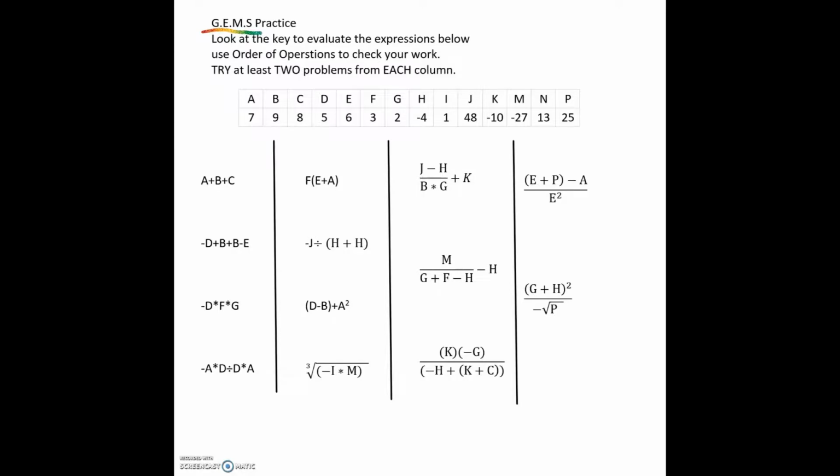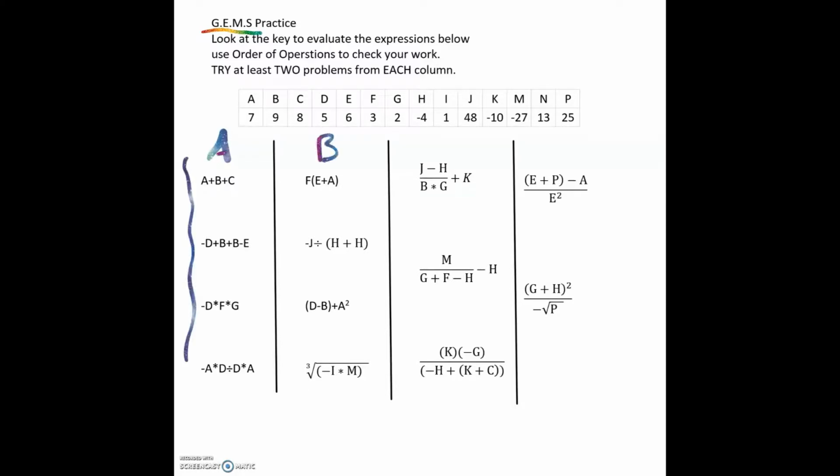Okay? So, here's what we're going to do. I'm going to do a problem really quick, show you how it's done. And then you're going to pick 2 problems, not the one I practice, from each category, from each of these columns. So column A goes all the way down here.